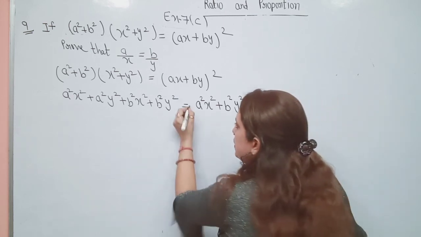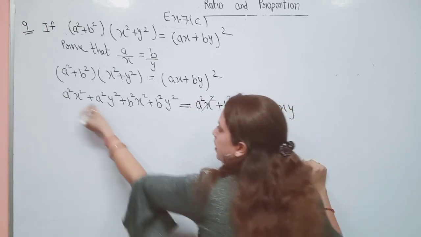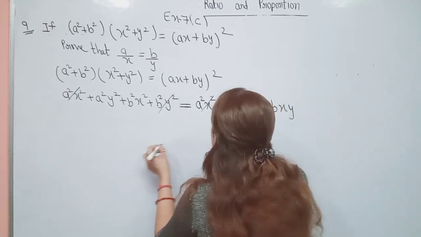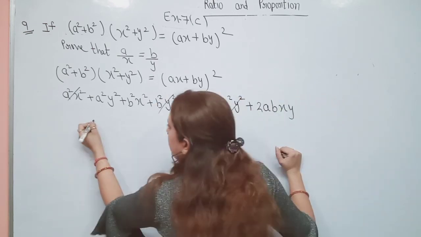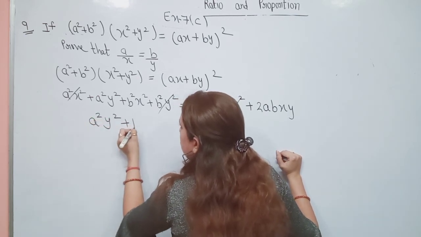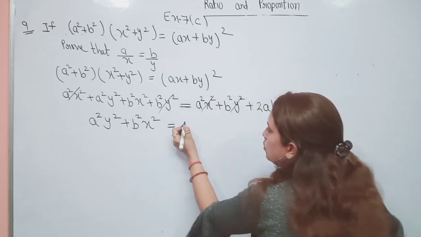Okay. Now when we solve, a square x square cancel, b square y square cancel. What will be left? Write down. a square y square plus b square x square is equal to 2abxy.